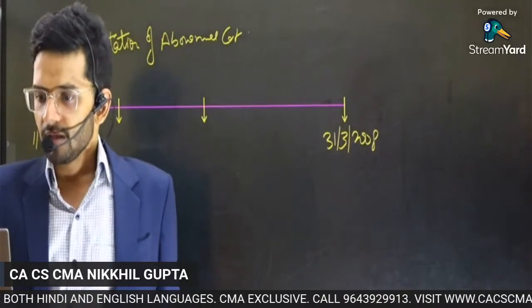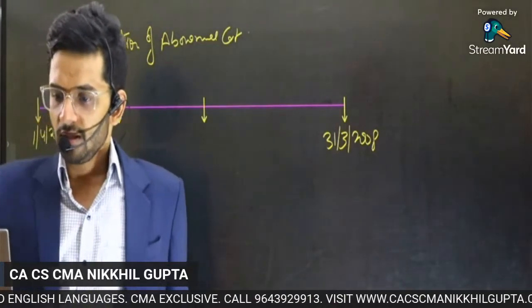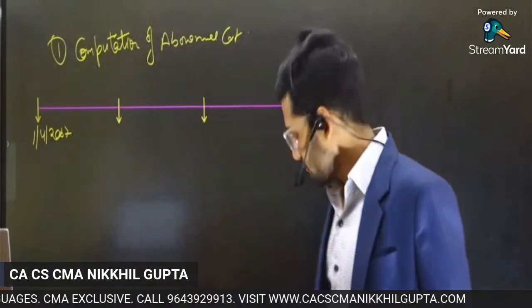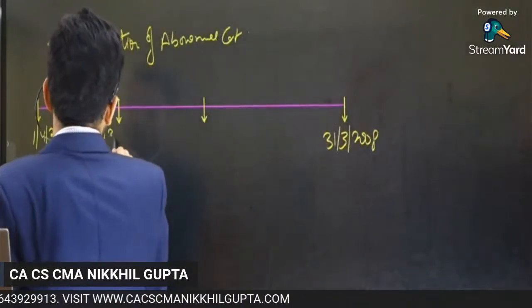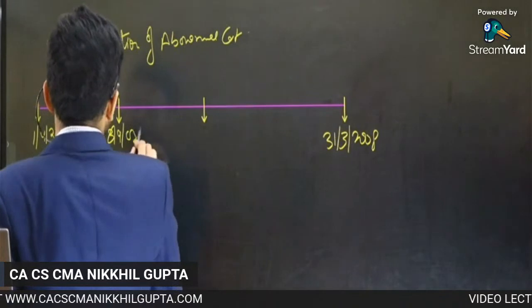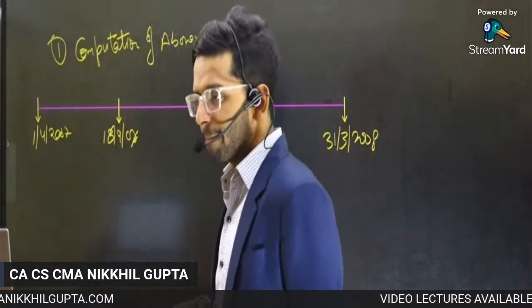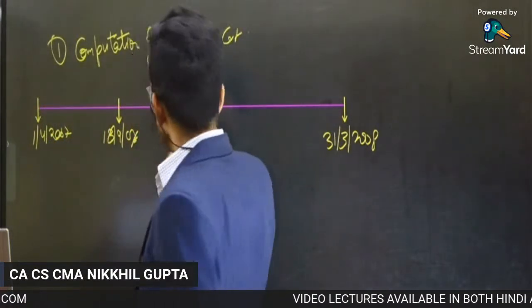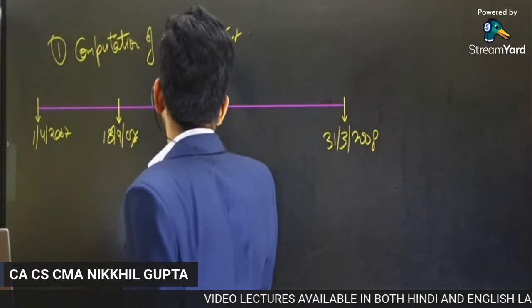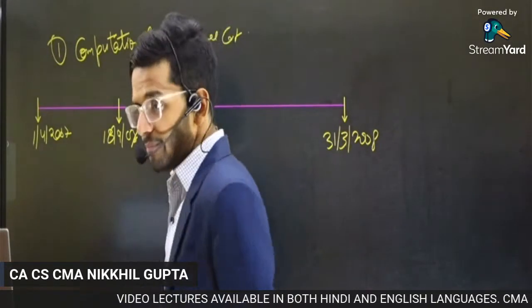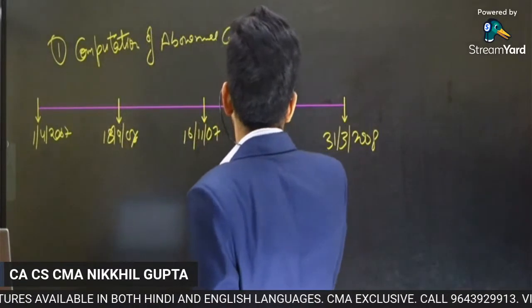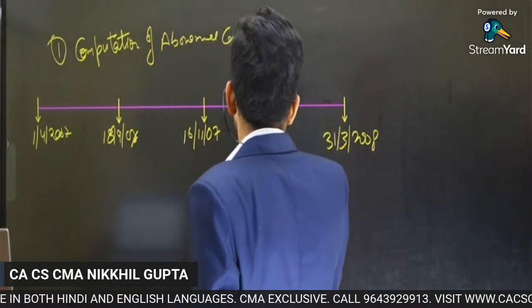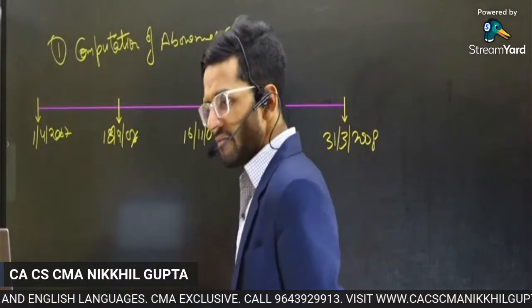Let us first do a timestamp chart. Timestamping is very, very important in these questions. On 13 September 2007, the strike started. Then on 16 November, the strike ended. But on 5th December, the work resumed. And the rest was the normal period.